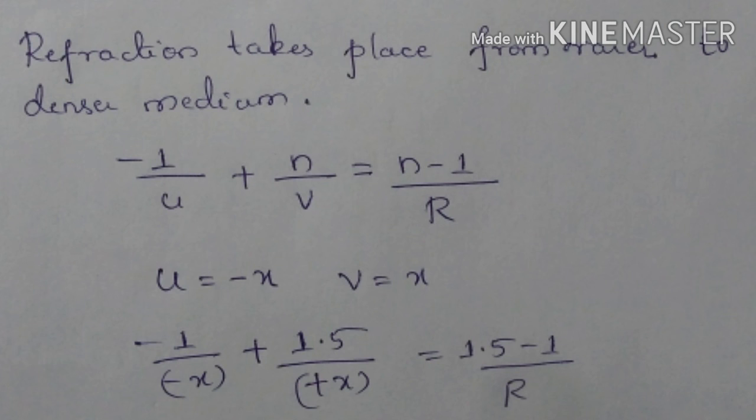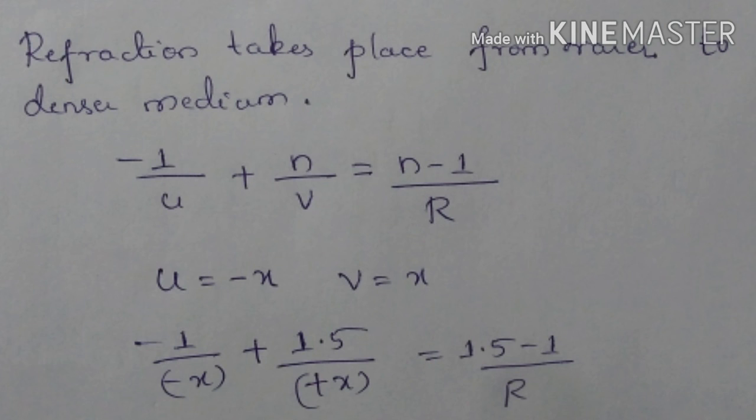Suppose the magnitude is x. Since we are measuring the distance U opposite to the direction of the incident ray, we take that as minus x, and V will be plus x.